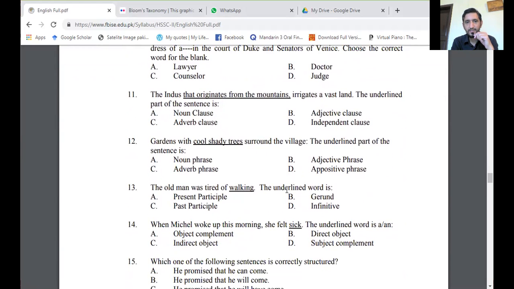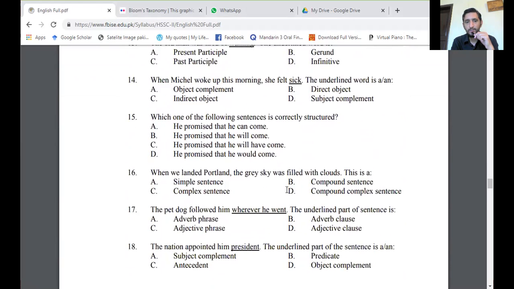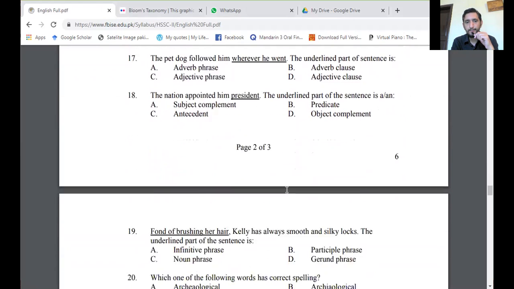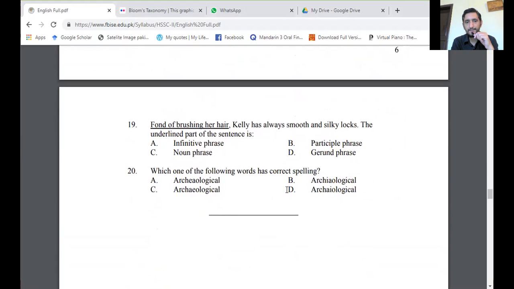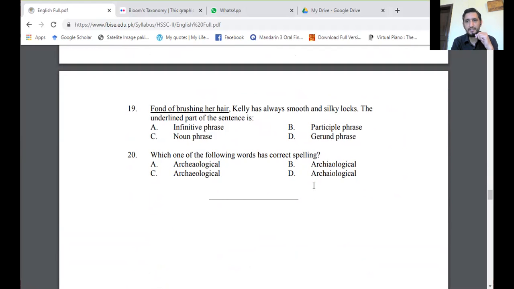As you can see, it's grammar all the way to the end. And here, the last one, you've been asked to spell a word correctly. So there's a lesson about archaeology, so we'll learn it there.